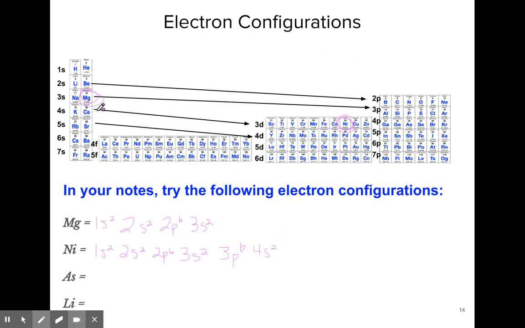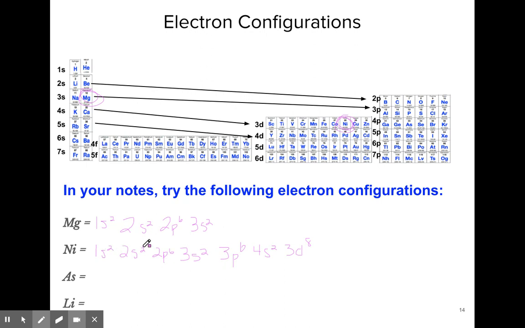That gets us to calcium. Calcium's number 20, so we have to go in order of atomic number. Scandium is number 21, so then we do 3d, 1, 2, 3, 4, 5, 6, 7, 8. So that would end us with nickel.